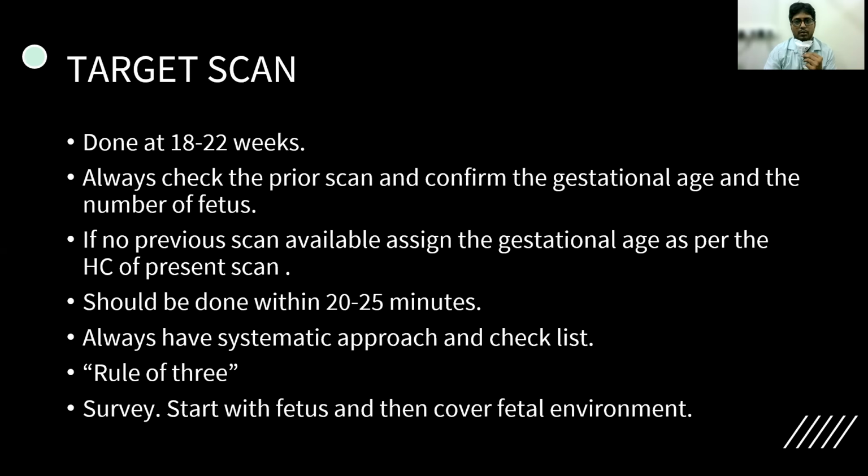We should always check the prior scan that is done for this pregnancy and confirm the gestational age and the number of fetuses. If there are no previous scans available, assign the gestational age as per the head circumference of the present scan. So the head circumference and the BPD will become the standard for the gestational age if there were no previous scans.